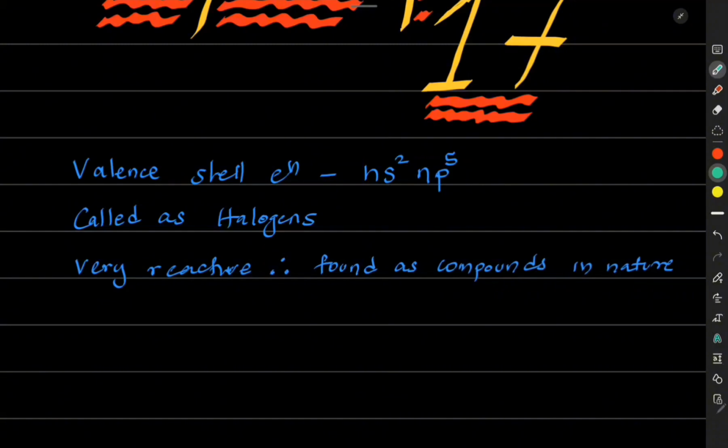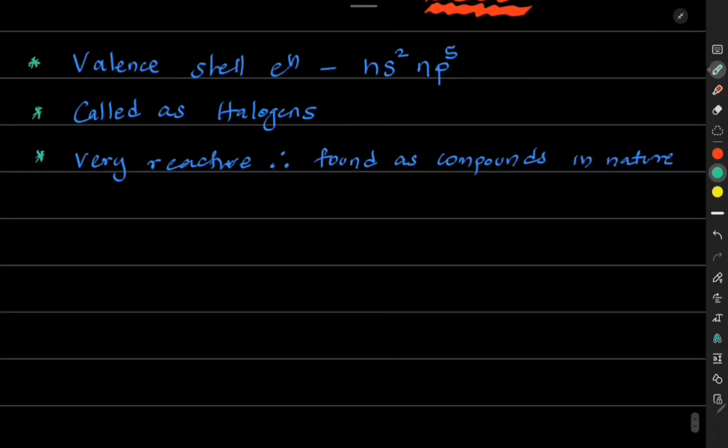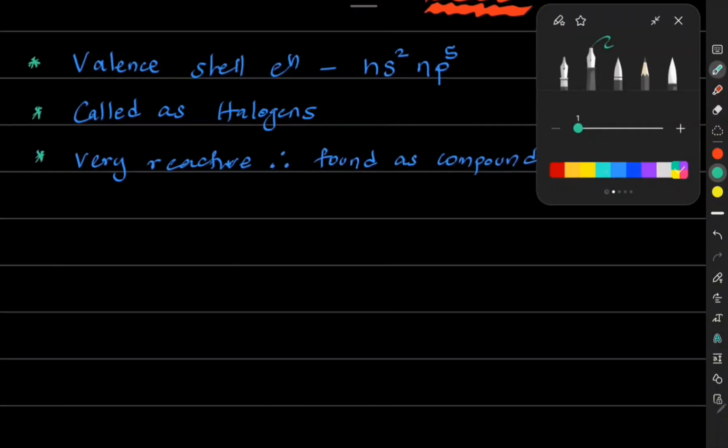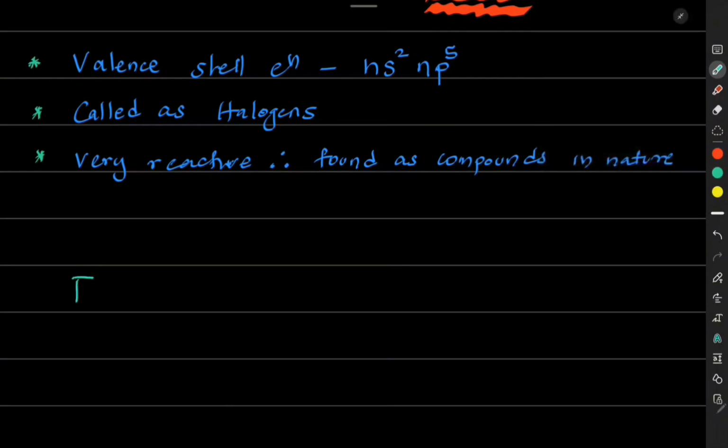Now let's look at the elements of group 17. What are the elements of group 17? Fluorine, chlorine, bromine, iodine, and astatine.